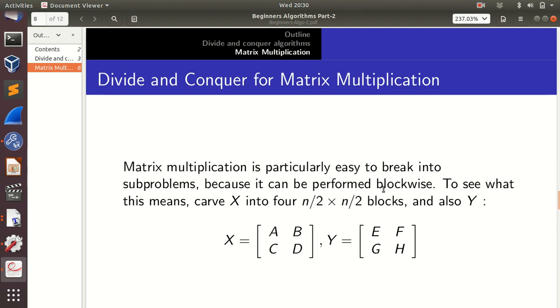So what was his idea? First, for the sake of simplicity, let's assume n is a power of 2. We can appropriately handle it if n is not a power of 2, but for the sake of explanation, let me take n as a power of 2. If the matrix is of the form n cross n, we can divide it into 4 equal parts, and each of the smaller parts can be a matrix, or we can use a term called block, which is of size n by 2 cross n by 2.